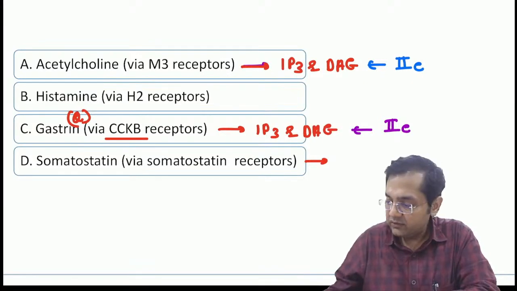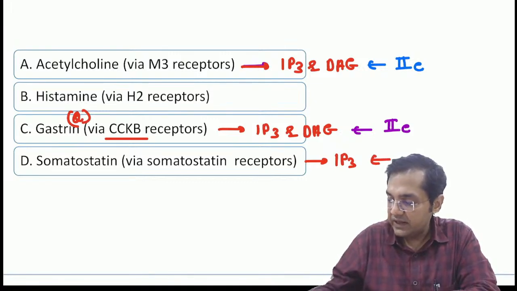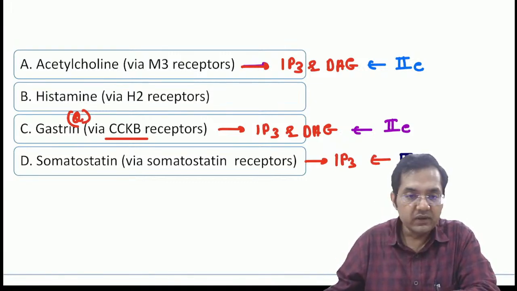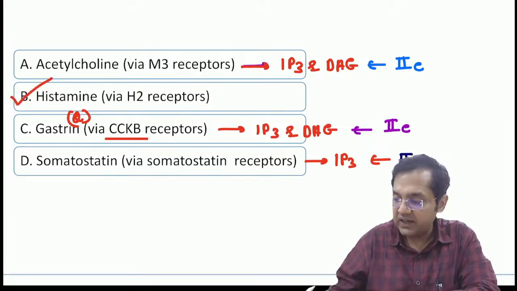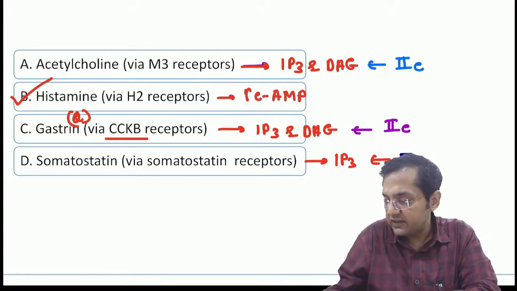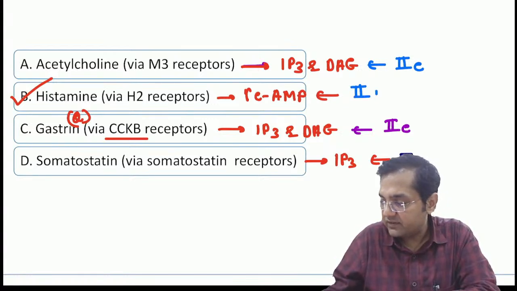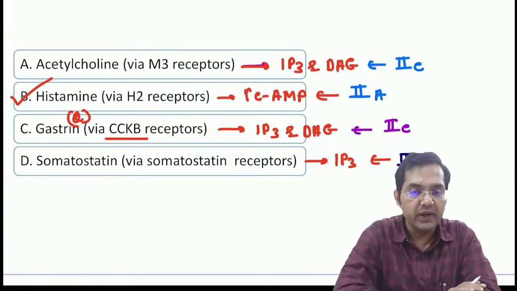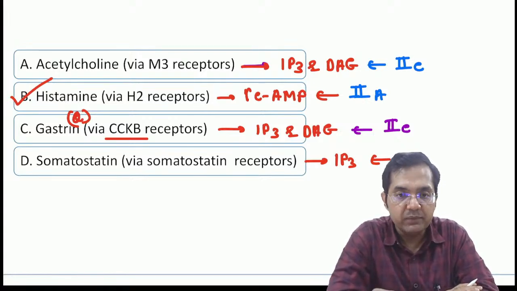And then somatostatin via somatostatin receptors is also IP3, which is again 2C. The only one which uses cyclic AMP is histamine via H2 receptors, which causes an increase in cyclic AMP, famously called system 2A, right? 2A. So important question regarding the neurohumoral mediators.